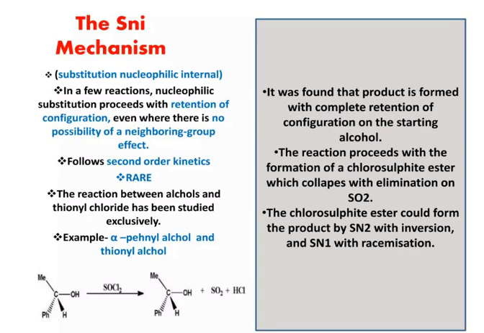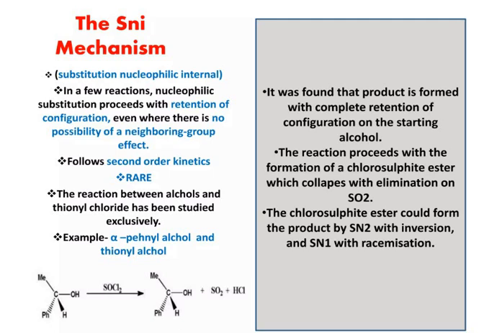So the SNi mechanism, substitution nucleophilic internal. In a few reactions, nucleophilic substitution proceeds with retention of configuration even when there is no possibility of neighboring group participation, and they follow second order kinetics. That is rare. The reaction between an alcohol and thionyl chloride has been studied extensively. Example, 1-phenylethanol and thionyl chloride.